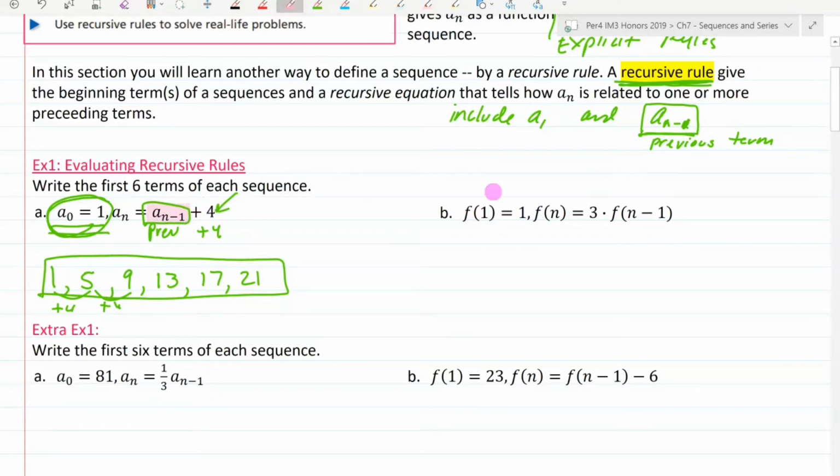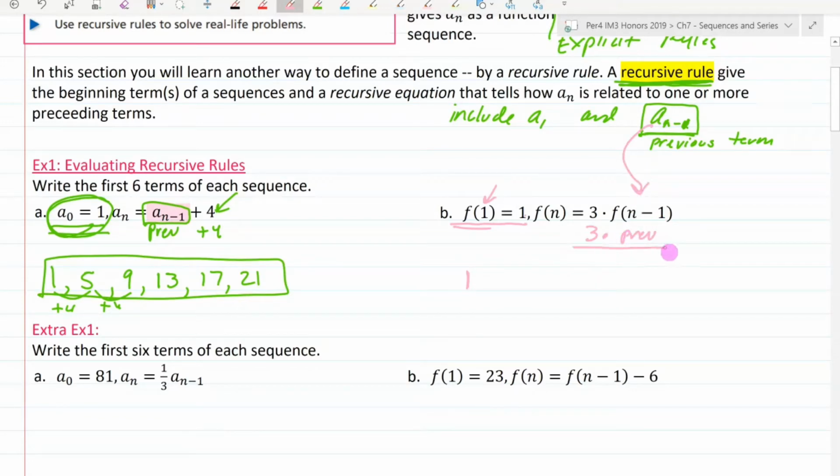For the next one, here we go, or you can try it if you'd like before I show you. This is just a different notation. Instead of A sub n, they're going to use f of 1 or f of n. So they're telling you that the first term is 1. And then this formula is telling me 3 times, so the n minus 1 means the previous term.